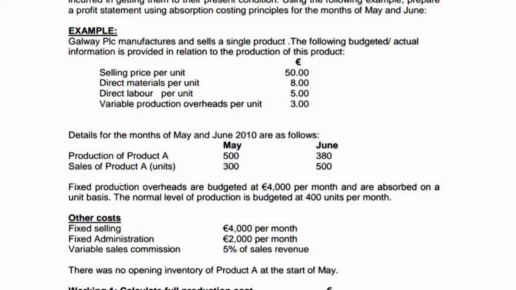They are absorbed based on units. So the normal level of production is budgeted at 400 units per month.